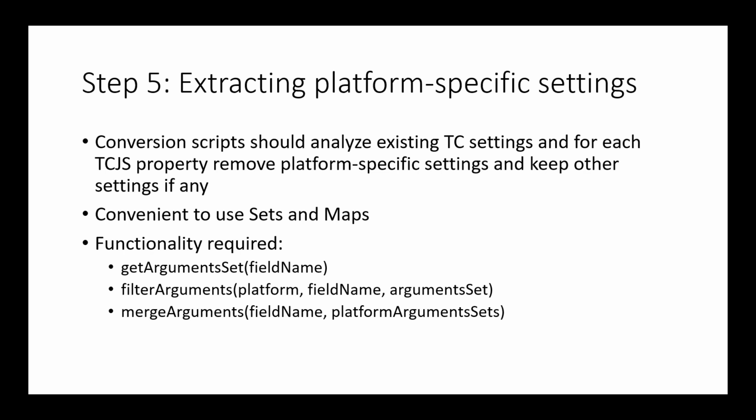So you are not doing this analysis for only one platform dependency chain, but you are analyzing all available platforms at once. And for that case, you might have slightly different settings for different platforms, and you need to merge. So you need this merge functionality.